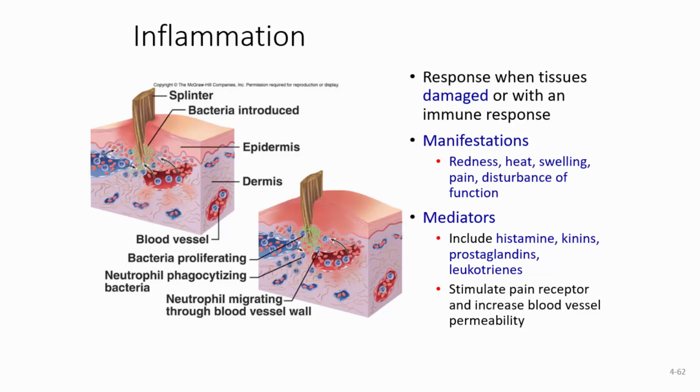The kinins, like bradykinins, prostaglandins, leukotrienes, these are more pain mediators. So when those are released and they attach to pain nerve endings, that sends a signal to the brain saying that there is some pain.